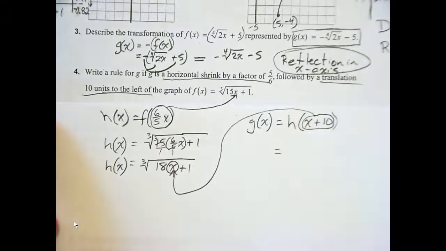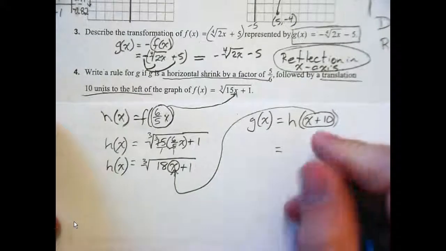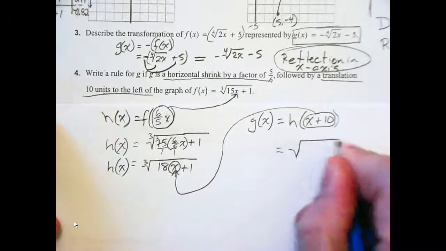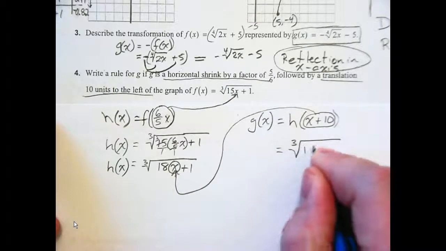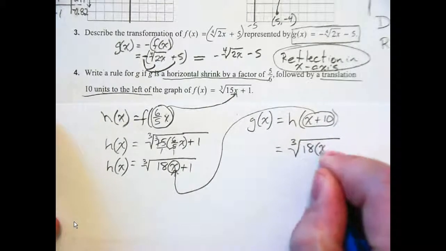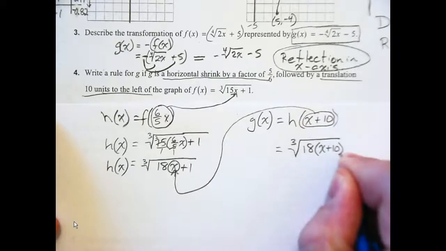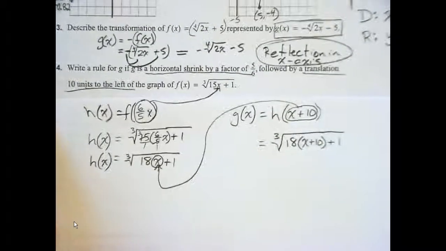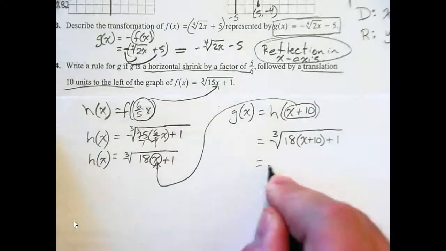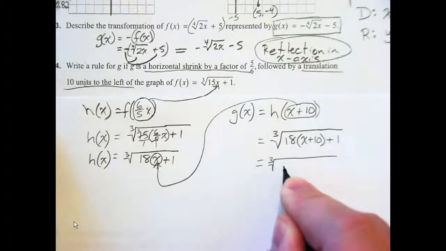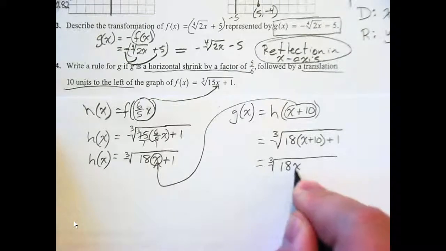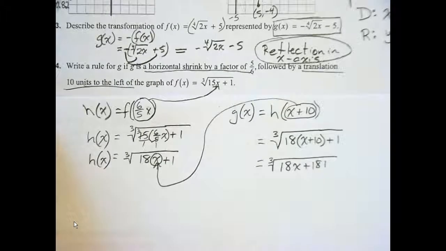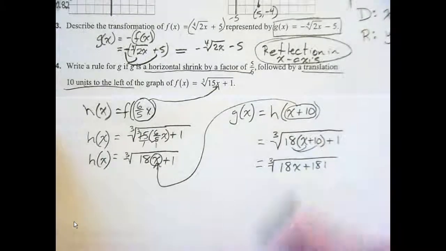But anyway, that's not the correct answer. Which then gives you the cubed root of 18x plus 181. We distribute. That is g of x.